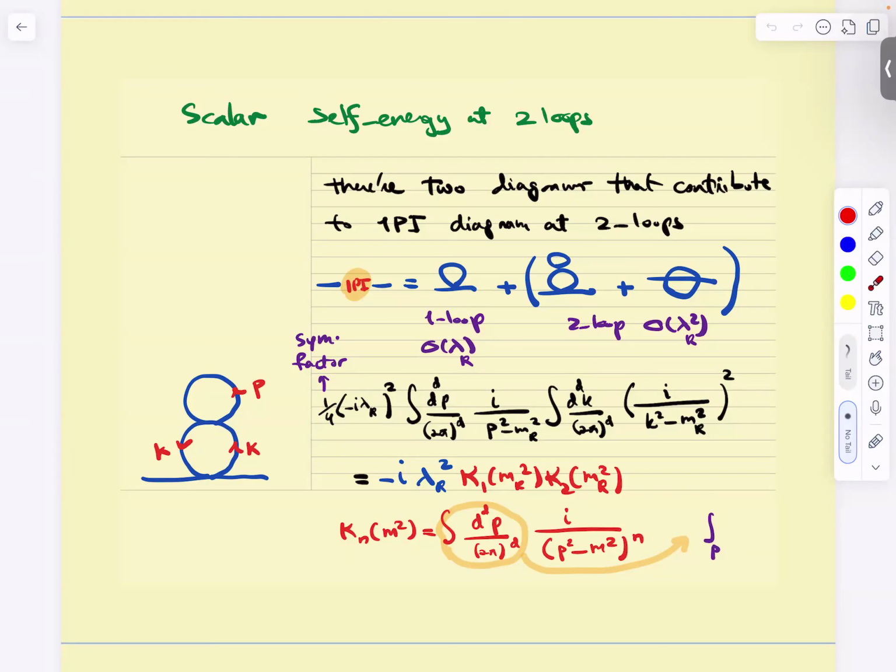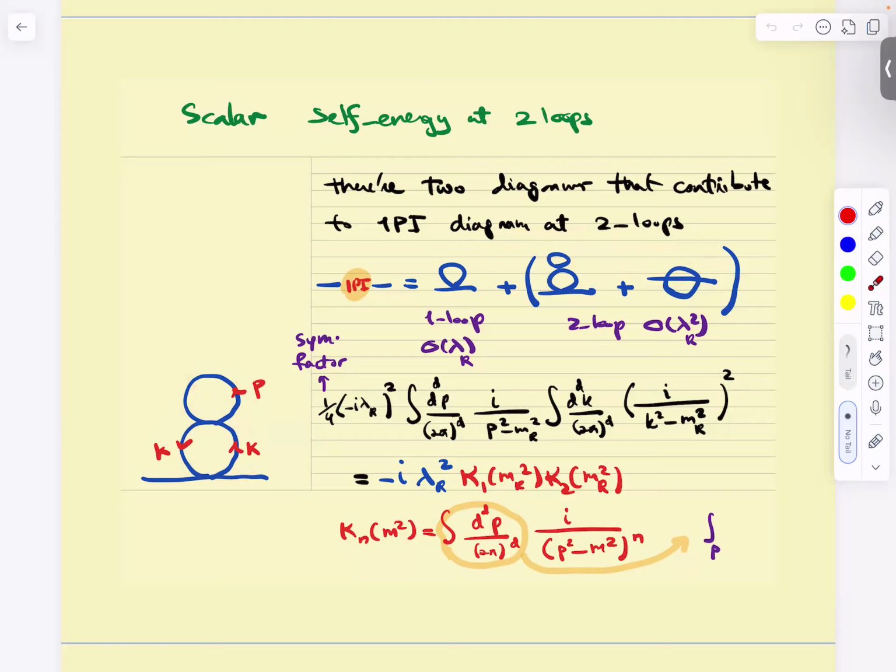There's also this diagram, right? Oh, sorry, no. What am I saying? This is for the vertex. Sorry, no, these are all the diagrams that there are at two loop. Good. All right, so let's start with this guy. We're going to compute these two.